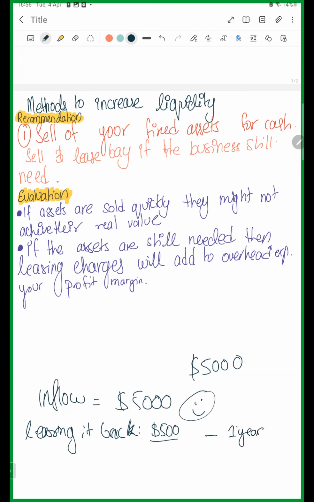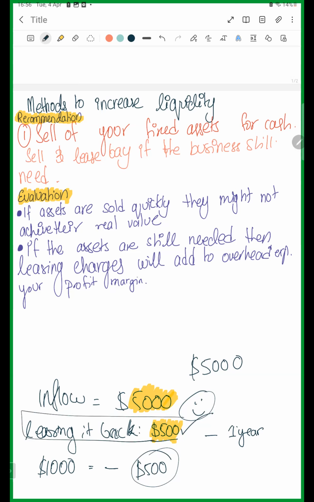So although you had a sudden increase in your inflows, great, we were able to pay off our loans, now you have an overhead expense to pay every month. So if you were making $1,000 profit every month before, now you will only be making $500 profit. Why? Because you're giving half of that for your lease.